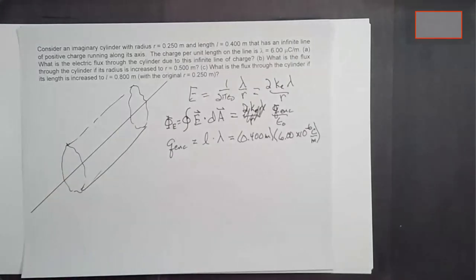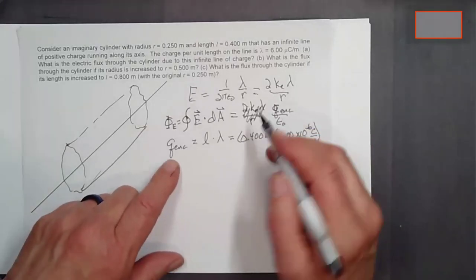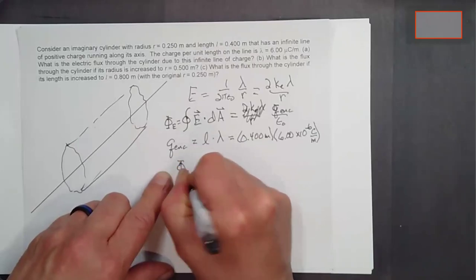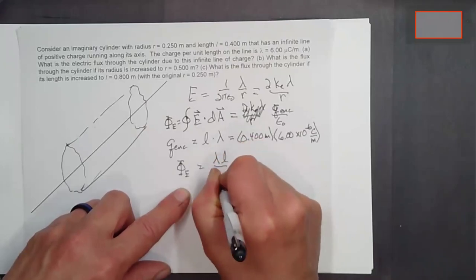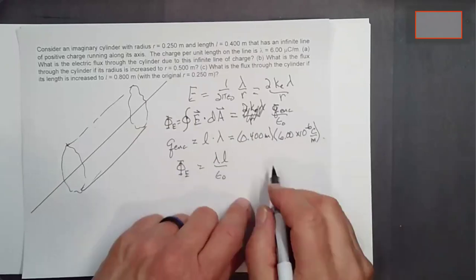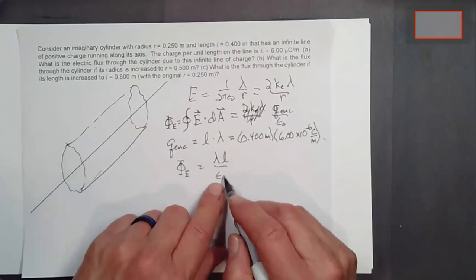And now what did I do with my solutions? I threw them away. It's just going to be, oh, the flux of the electric field will equal lambda L over epsilon naught. So we plug in lambda, plug in L, divide by epsilon naught.